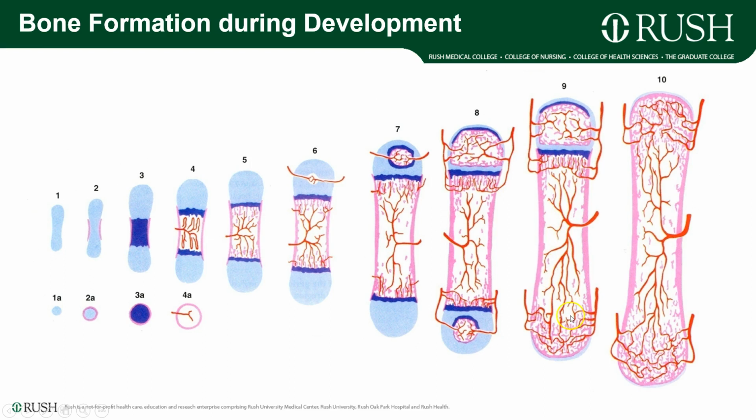Here you also notice that as bone grows, the growth plate disappears, or in humans it's referred to as fused. That's when there's a stoppage in the longitudinal growth, and the individual stops growing.